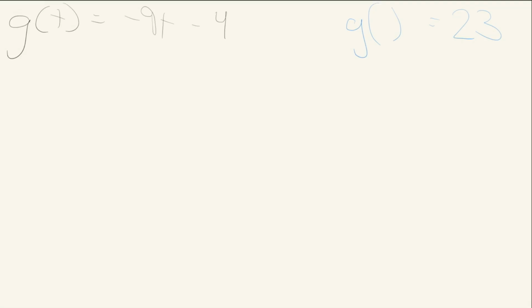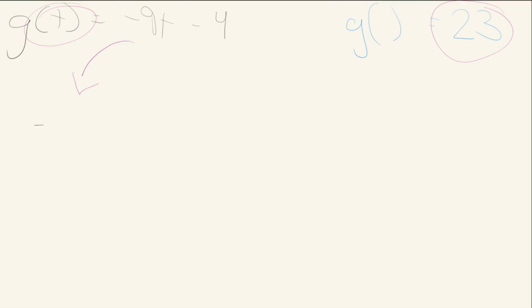Well, it basically tells us that this something t is equal to 23. Okay, so how would we solve that is the question. So we would bring down our negative 9t and we're going to write an equation.